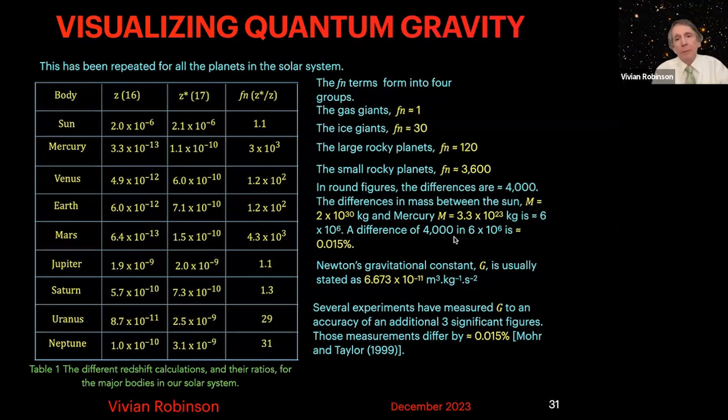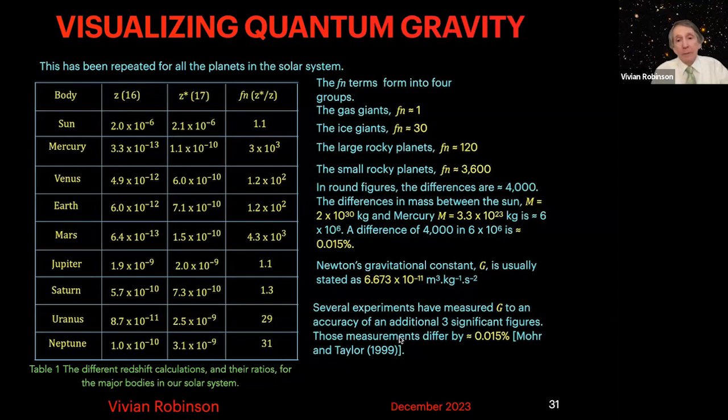A difference of 4,000 in 6 million is 0.015%. Newton's gravitational constant G is usually stated as 6.673 times 10 to the minus 11 meter cubed per kilogram second squared. Several experiments have measured G to an accuracy of an additional 3 significant figures.